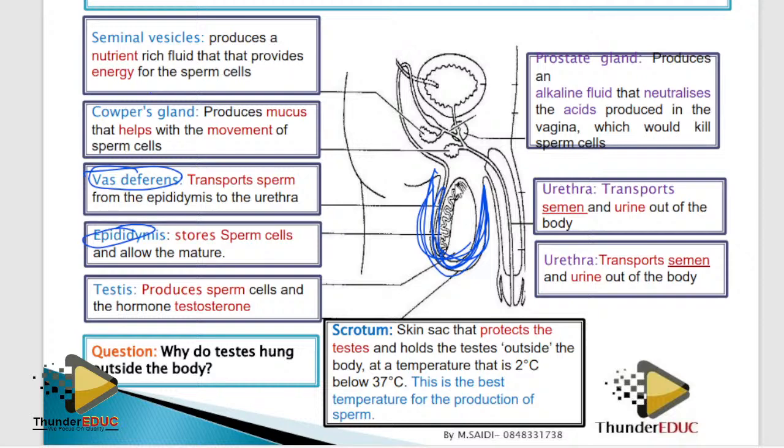You have to be specific: less than body temperature. Or sperms are produced at 35 degrees Celsius. So you have to be specific, straight to the point. Please don't leave your answers hanging, because we won't give you a tick if you don't complete your statement.